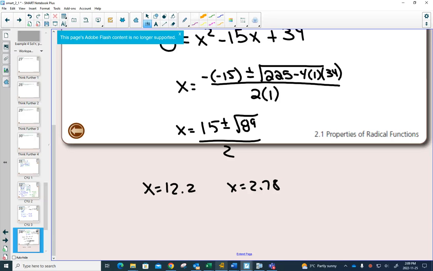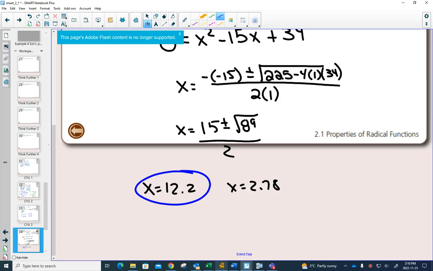And what answer do you get on Desmos? What did we miss? Where did they intersect? Yeah, where did they intersect? 12.2. Just at 12.2. So when you went to your calculator, this one worked, but this one doesn't show up.